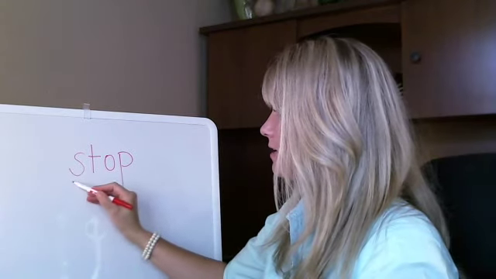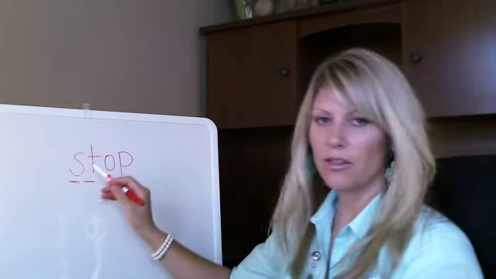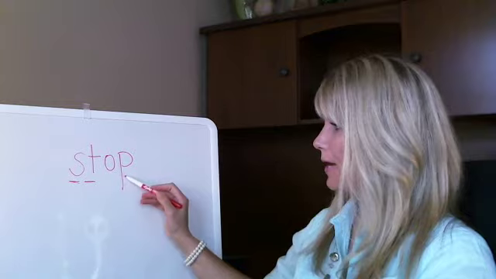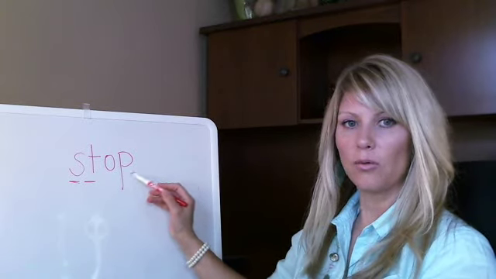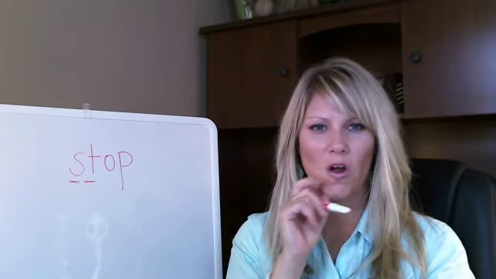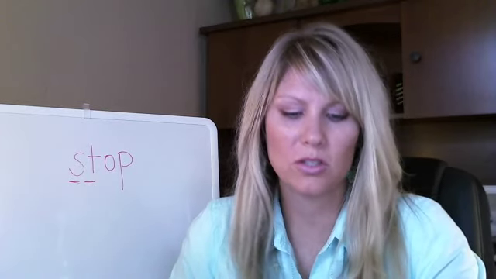The S and the T are a blend. They're two consonants and they blend together. St. We have our vowel and then we have P. So is that a digraph? Is that P a digraph? Is there a digraph in that word? No. So stop you would not write down on the list below that are words with blends and digraphs.